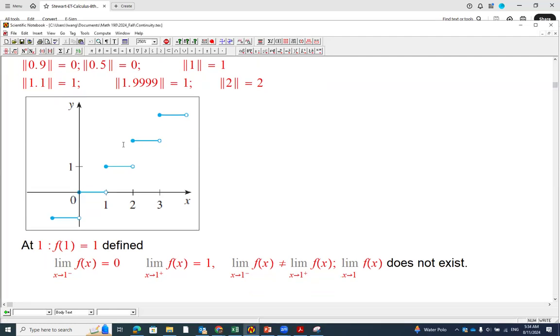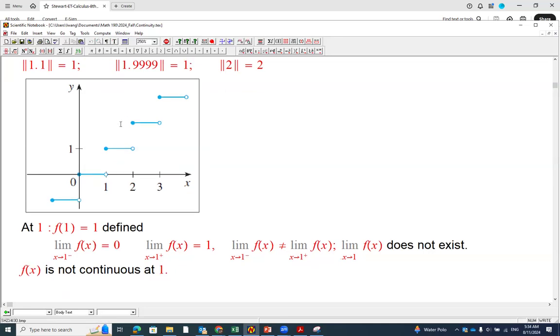And then you say the function f of x is not continuous at 1. Similarly, for every integer, we're going to do the same, right?